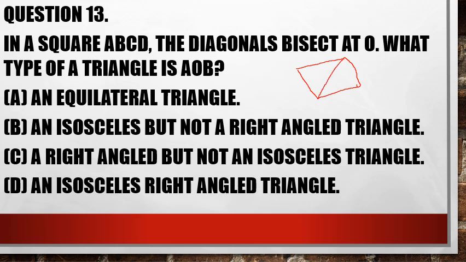We know that the square has all sides equal and all angles right angles, and the diagonals bisect each other perpendicularly. Both diagonals are equal, and the four portions of the diagonals are equal to each other. Here it makes a right angle, that is, the diagonals bisect each other at right angle.